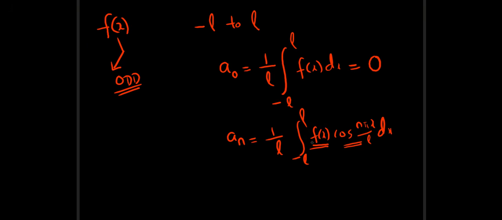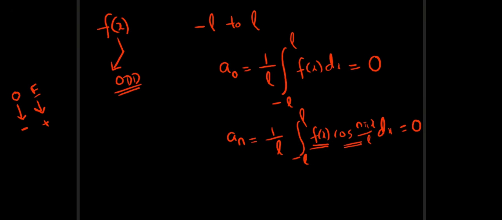When you have a product of even and odd, it will always give us an odd function. And there's a trick. You imagine odd functions correspond to minus, negative, and even functions correspond to positive. So when you multiply minus and positive, you're going to get minus. That means the product of odd and even function will give us an odd function. So again, good news, the value will be 0.